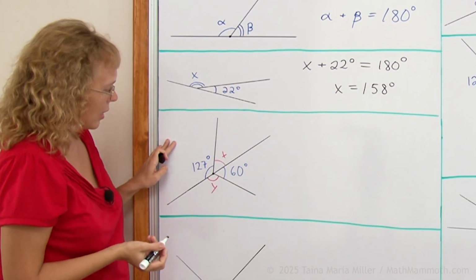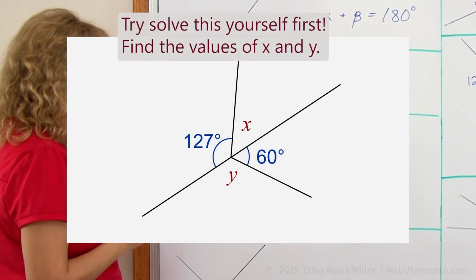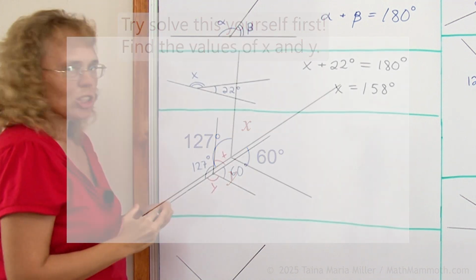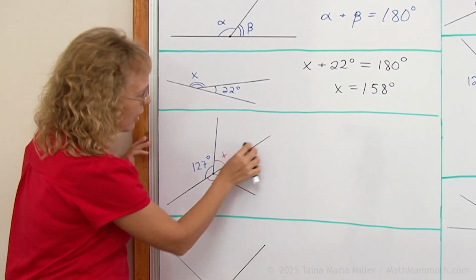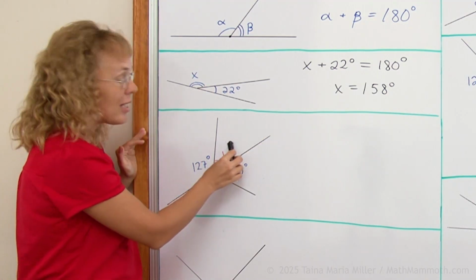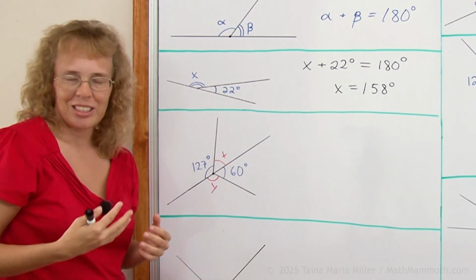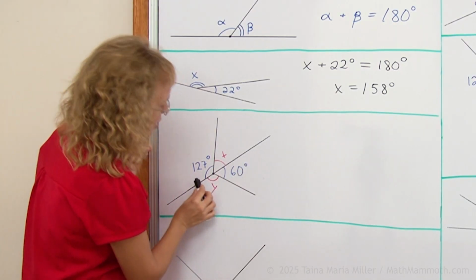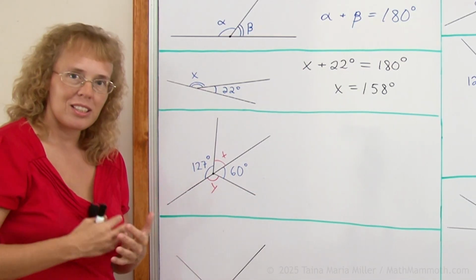Now here, it looks a little bit more complex. Actually, it is just two of these kind of diagrams, because I have this one line here, and on this side of it, we have 127 degrees and x. So these two together are 180 degrees. And then also on this underside, so to speak, 60 degrees and y are together 180 degrees.